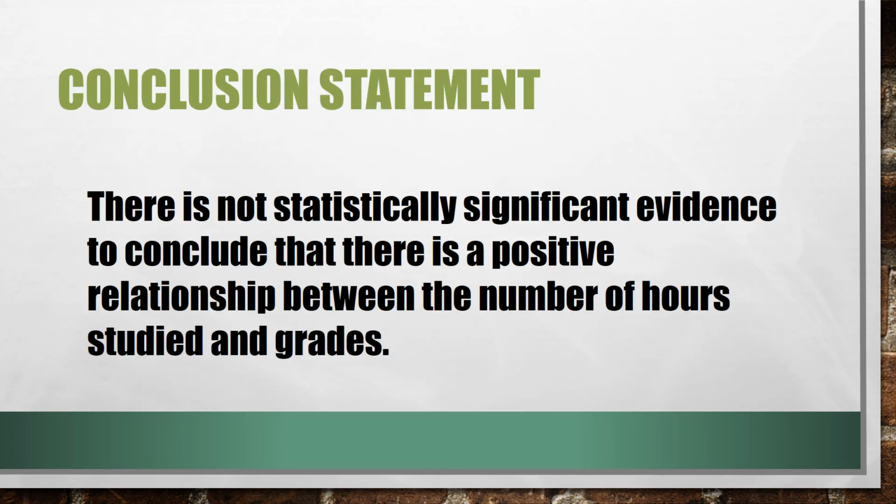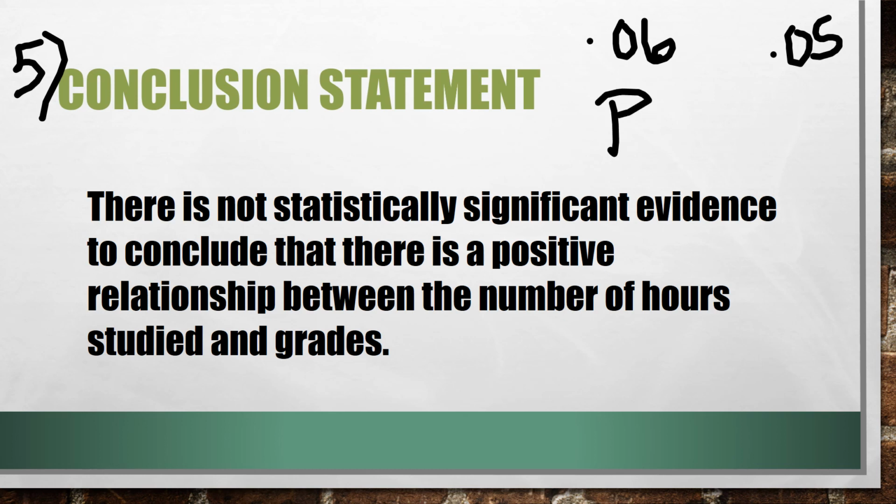So step 5 to any t-test is usually the conclusion statement. And we base the conclusion statement on what our p-value is. So we had a p-value of 0.05, or I'm sorry, we had a p-value of 0.06, and our alpha level is 0.05. So this is our p, 0.06, and our alpha is 0.05.